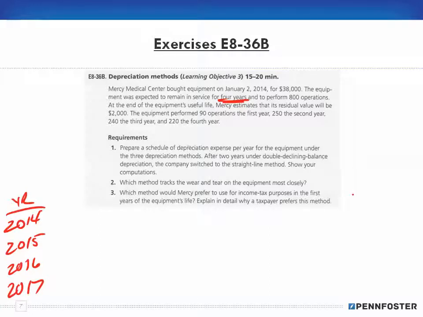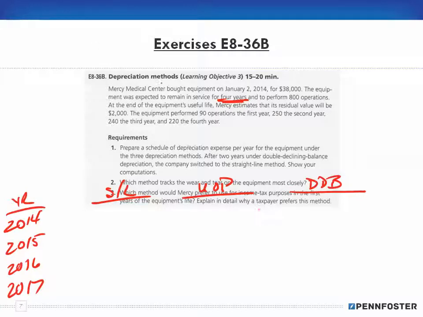Honestly, I don't know why I'm going through this, because this is doing nothing more than creating a depreciation schedule. Again, covered in theory before. So we're going to have straight line here, units of production here, and double declining balance here.